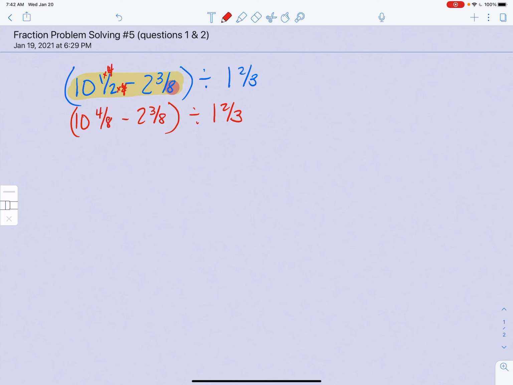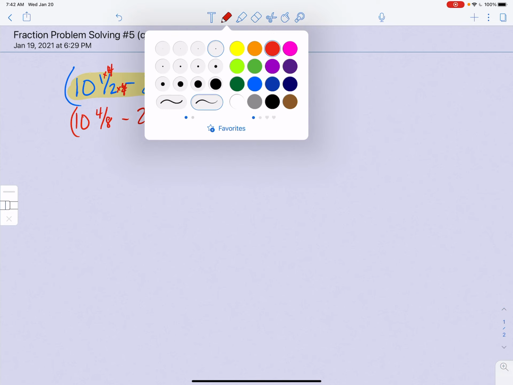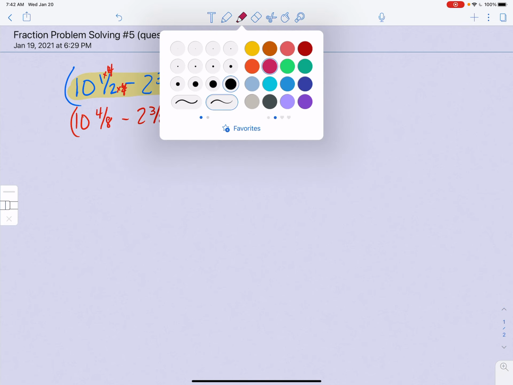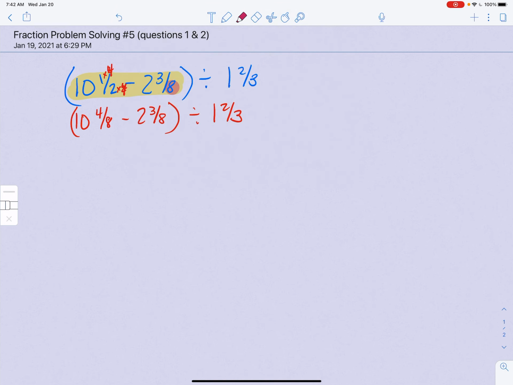Now looking at this is a little bit easier because I'm noticing that I can subtract the 4 and the 3, and I can subtract the 10 and the 2. So luckily, I don't have to change it to a mixed number. I'm going to first subtract the 10 minus 2, and I get 8.